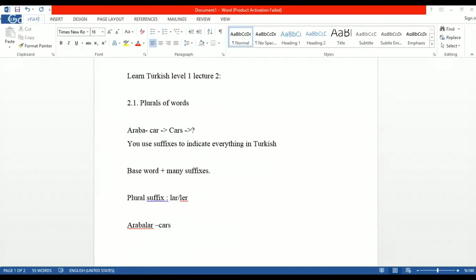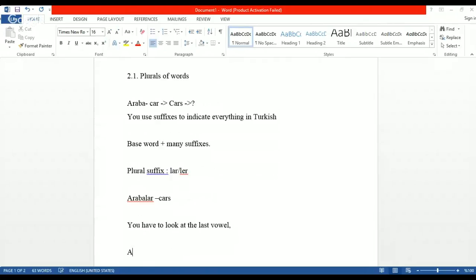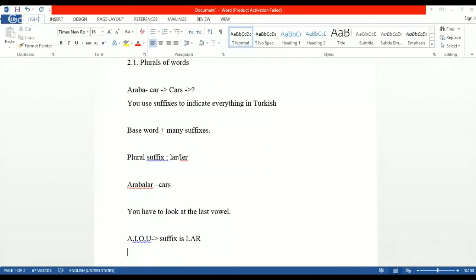As I said, you have to look at the last vowel. If the last vowel is a, o, u, the suffix is lar. If the vowel is e, i, ö, ü, then the suffix is ler.